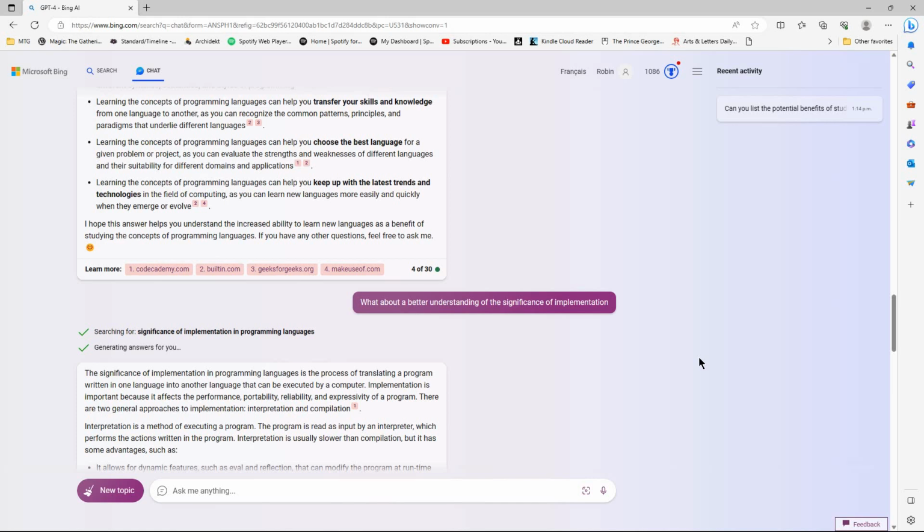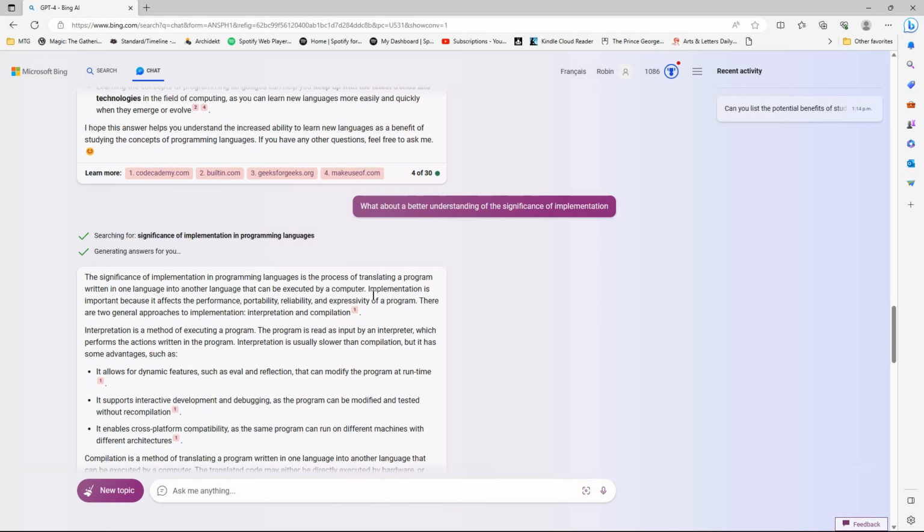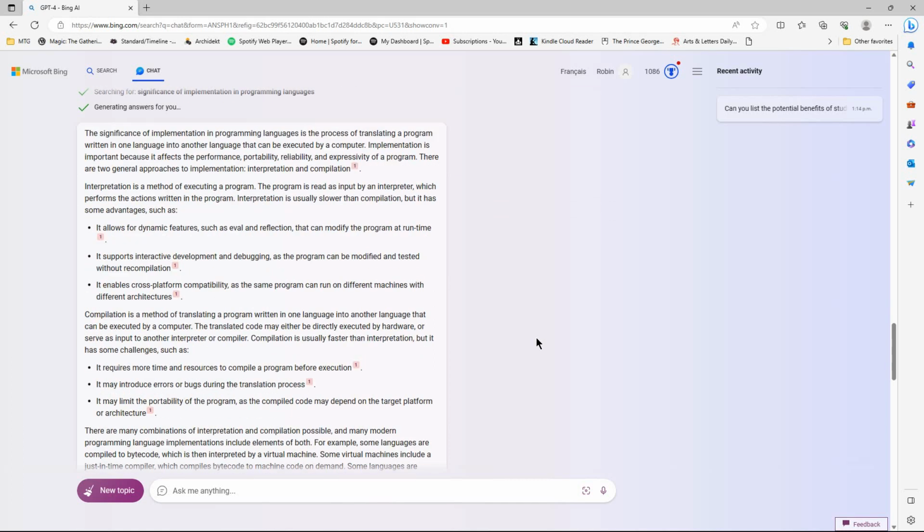about the comparative study of programming languages. That can be executed by computer. Implementation is important because it affects the performance, portability, reliability. Two general approaches to implementation. So now it's getting into describing the information about implementation.